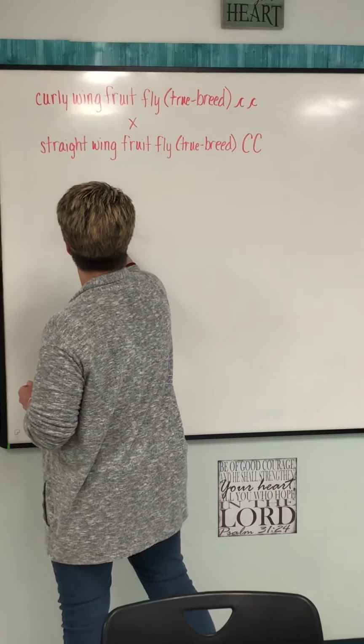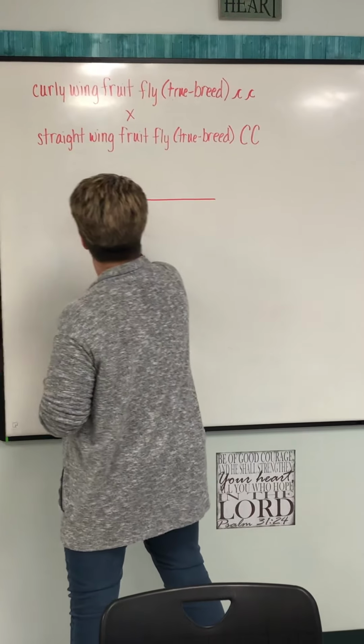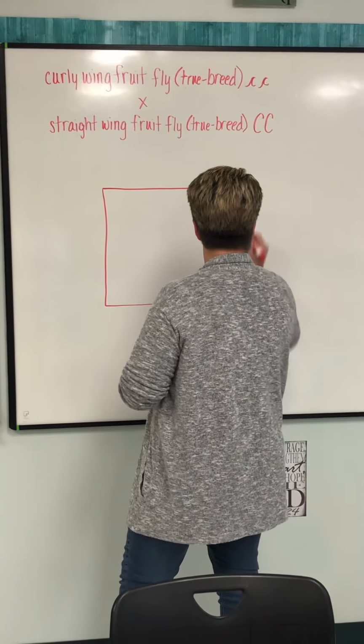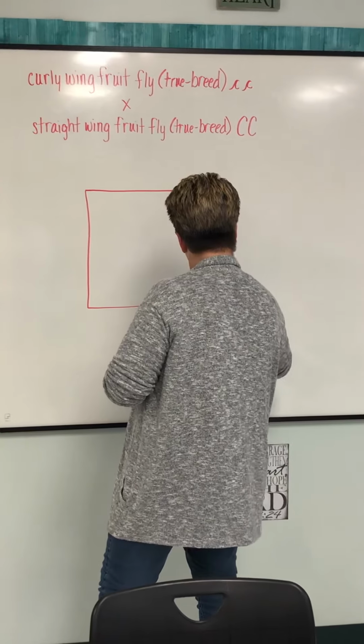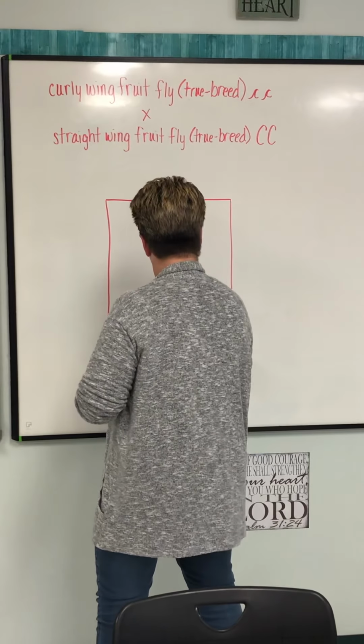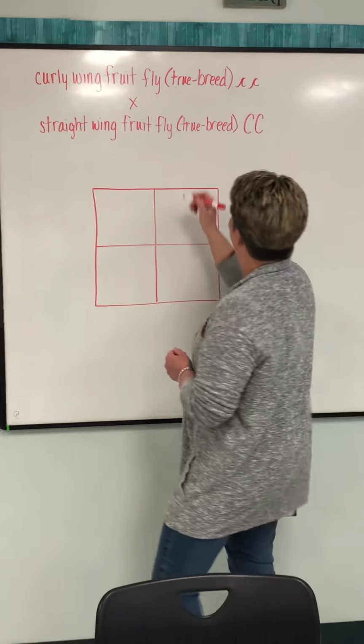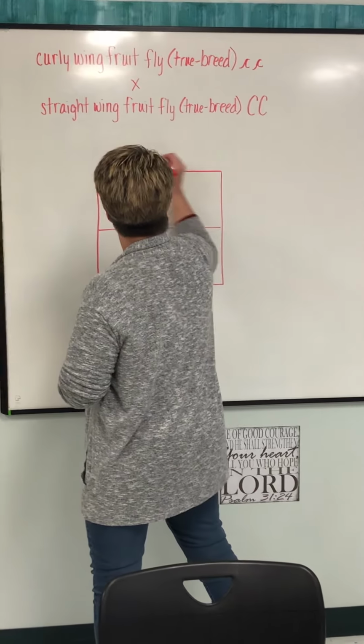All right, here we go. We're going to do the cross again, starting off with the box so that we can do our Punnett square. We're going to put 1 genotype on top. We'll do the lowercase c, lowercase c.